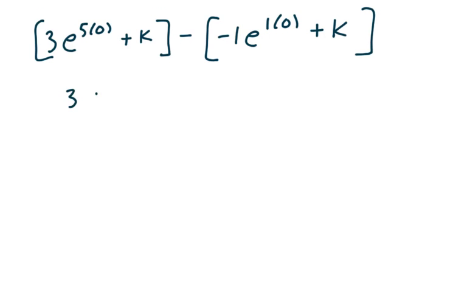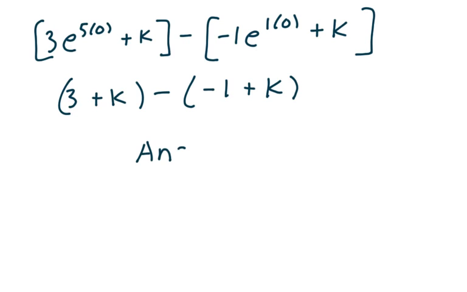So this is 3 plus k, e to the 0 is 1, minus negative 1 plus k. The correct answer here is 4, because those k's are going to cancel out.